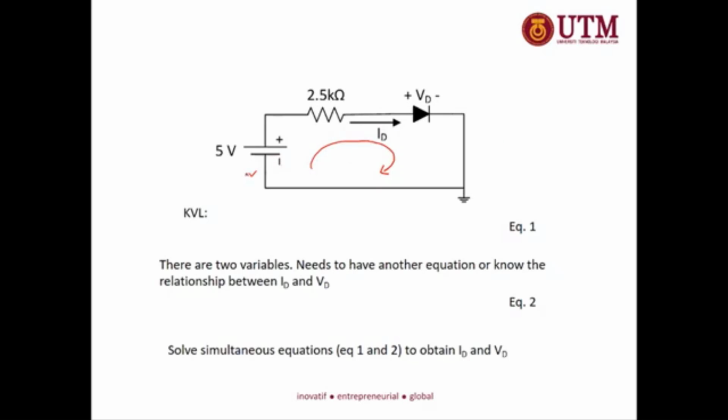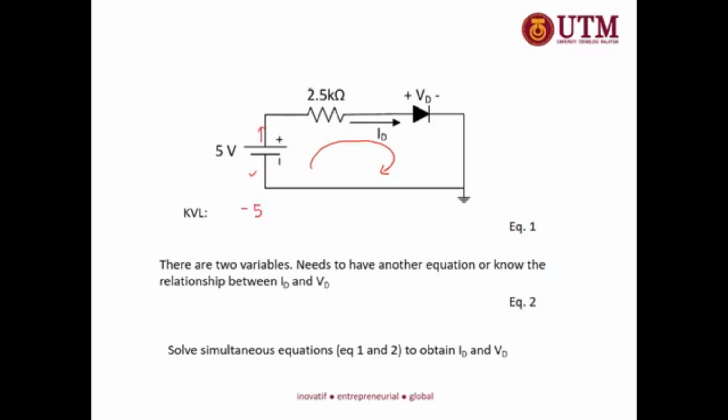So this is a voltage source. The current ID exits the positive terminal, so we put it as negative, so -5.